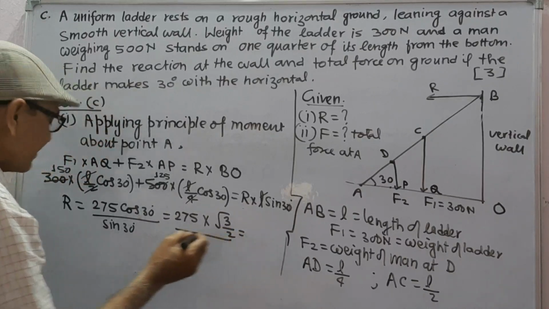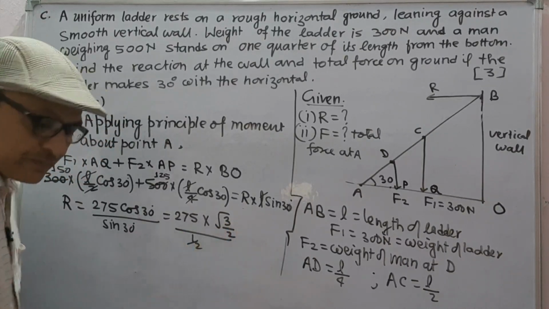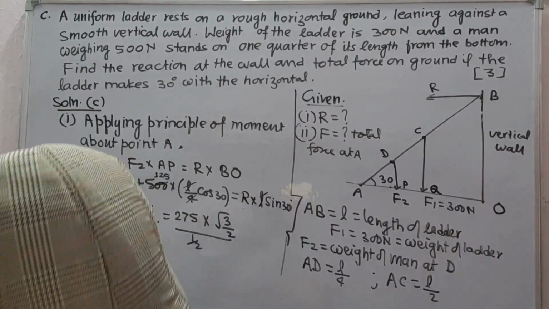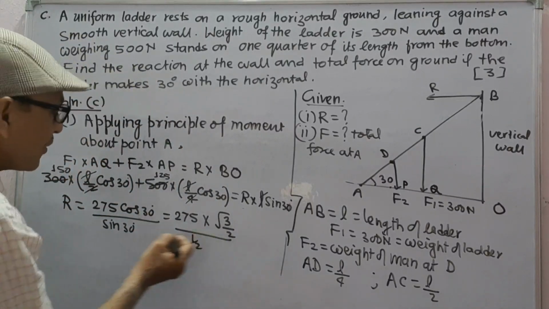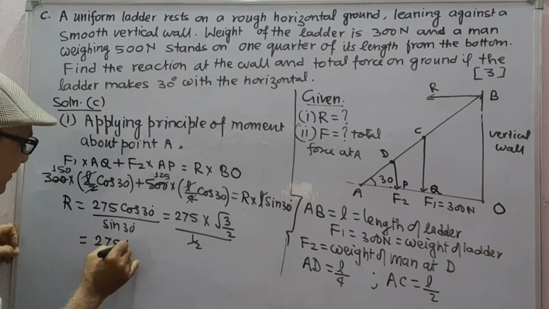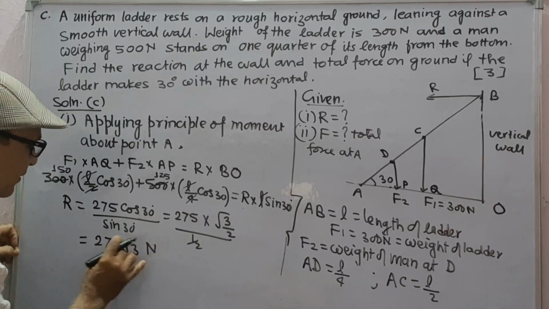On simplification we get R is equal to 275 root 3 Newton.